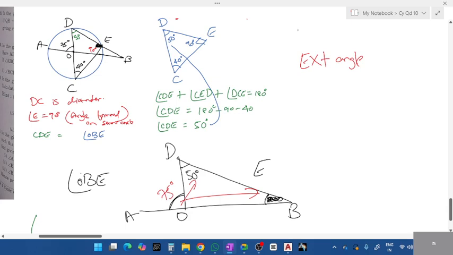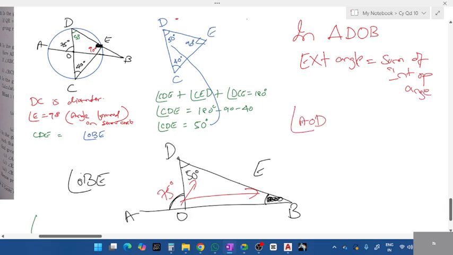Exterior angle mentioned here in triangle DOB. Exterior angle is equal to the sum of the interior opposite angles. So the exterior angle is AOD. All this is your last year concept. AOD is equal to angle ODB plus angle OBD.